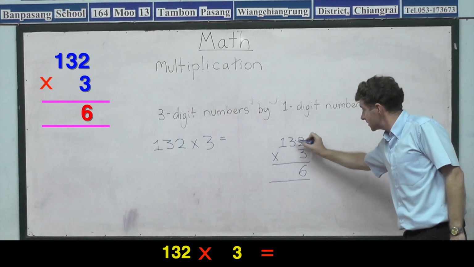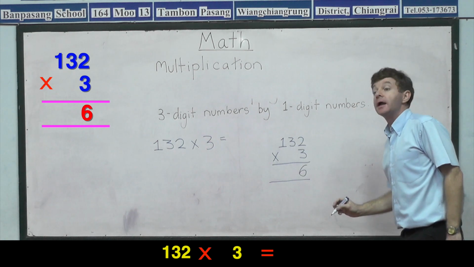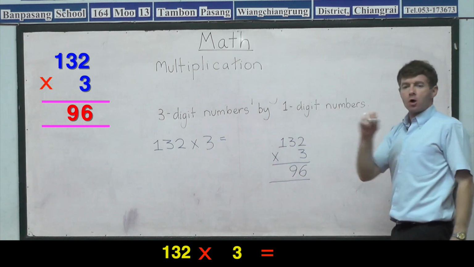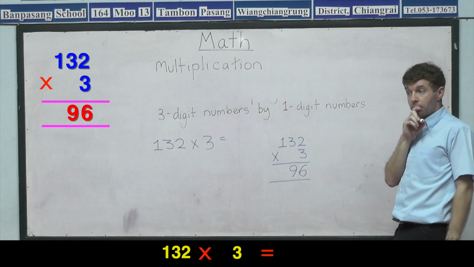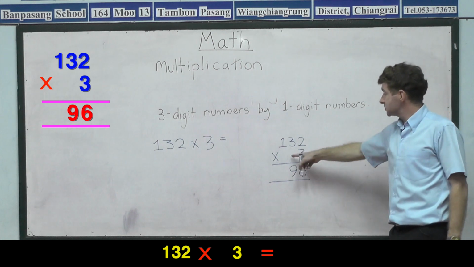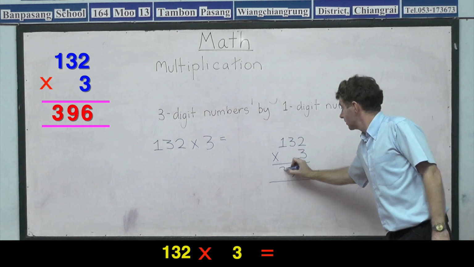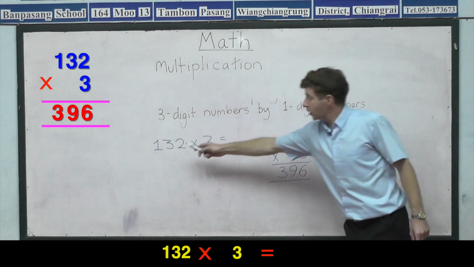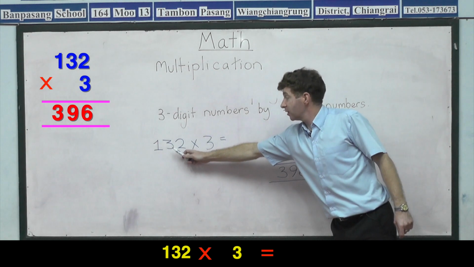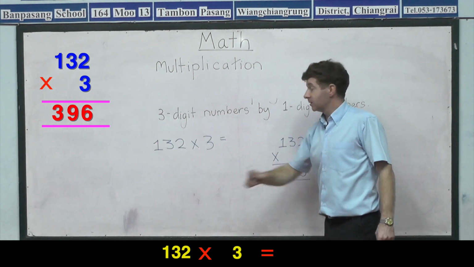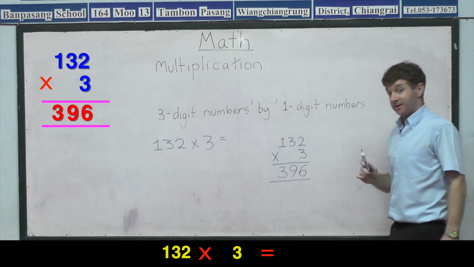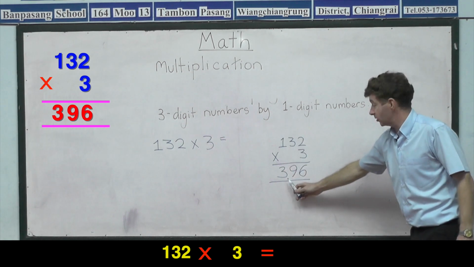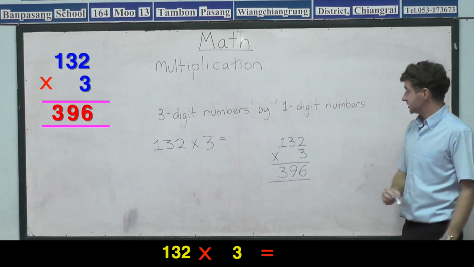So 3 times 3, 9. And then what's the next column? 1 times 3. So you can see, there's our answer. 132 times 3 equals 396.